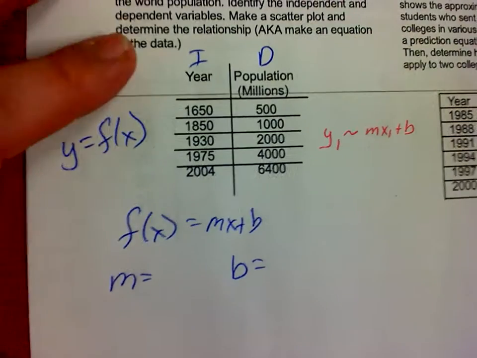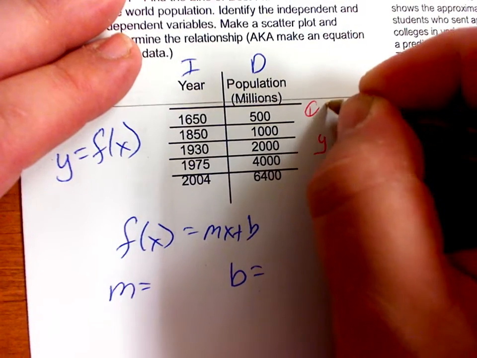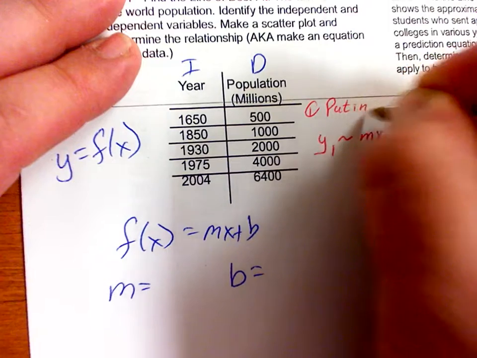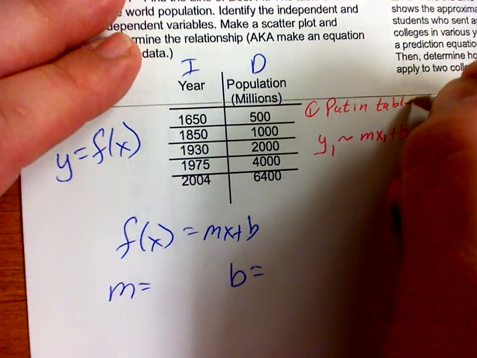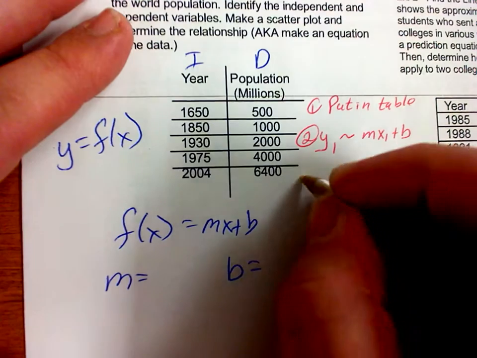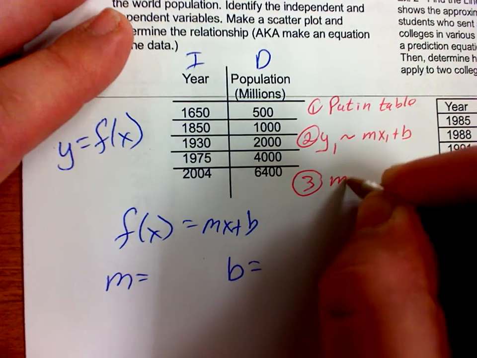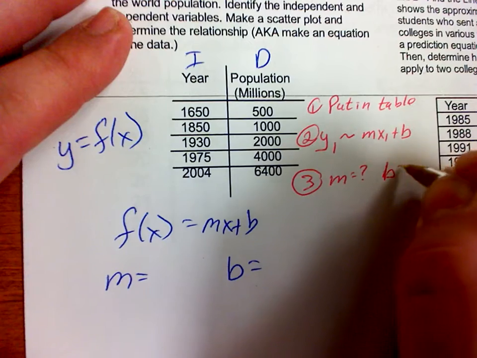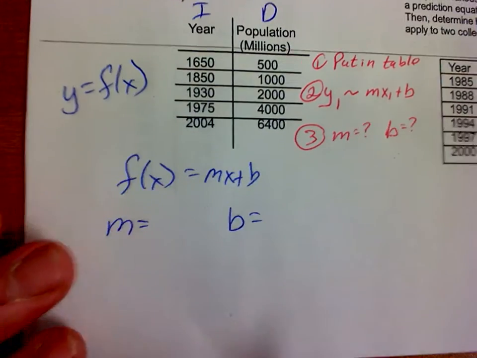Once again, all we have to do is put in the table. The second thing is the equation here, and the third thing we're going to be looking for is the m's and the b's here.